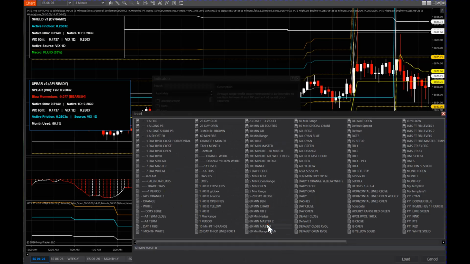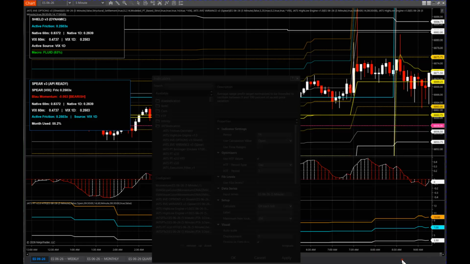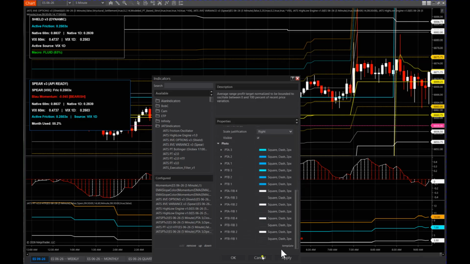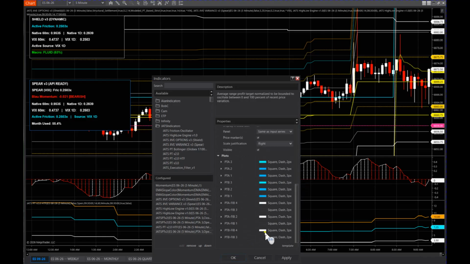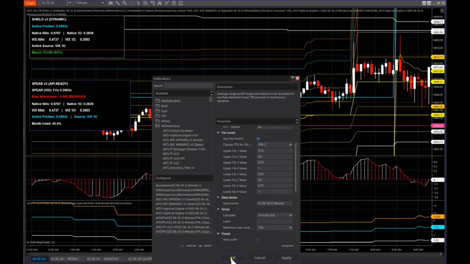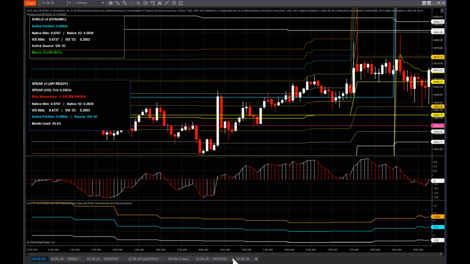And I colored these blue with hedges. These hedges are awesome on a 60-minute time frame, and they get hit a lot.